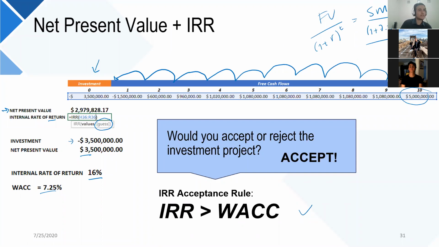So what do all these jumps here mean? Well, it means that instead of discounting the money, decompounding the 5 million, you were compounding the money using that interest rate, going from period number 0 to period number 10.